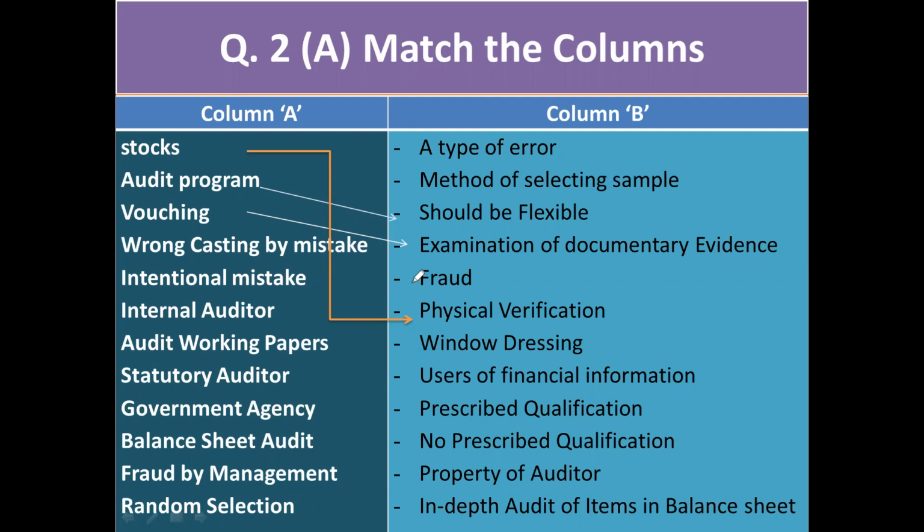But when you write the answers in your answer sheet, you have to write in an answer format. Okay, not this type of arrows you can draw, but you have to write properly in an answer format that you can see in the next slide.